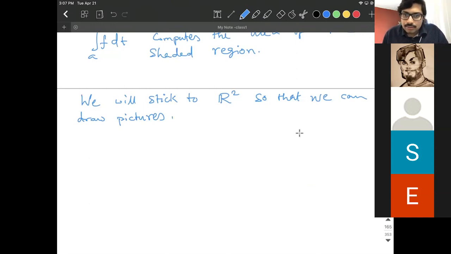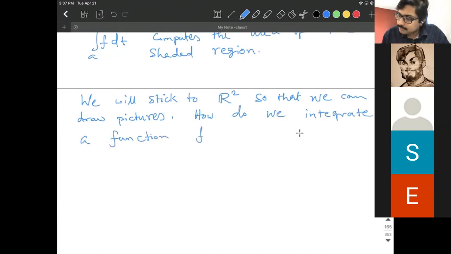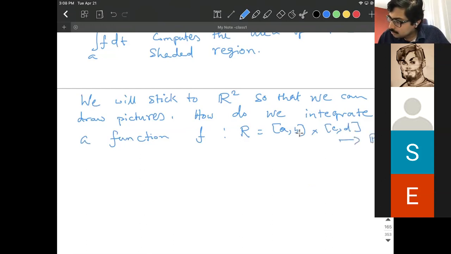So what we do is, how do we integrate a function f, let's say, which is defined from this R. So R is [a, b] cross [c, d]. So this is a rectangle. So it's a product of two intervals, in R2. Okay, so how does one do that?